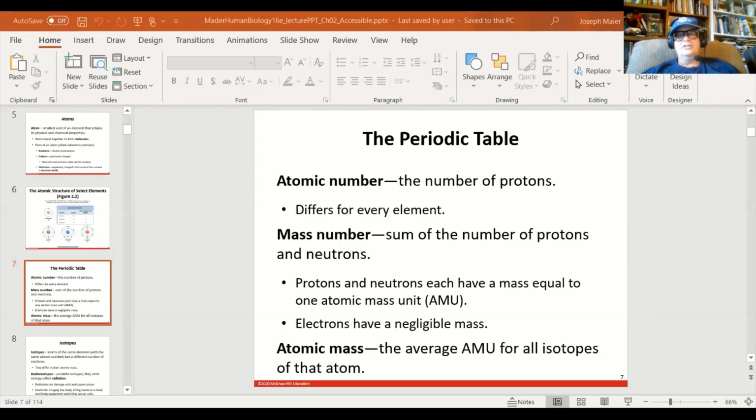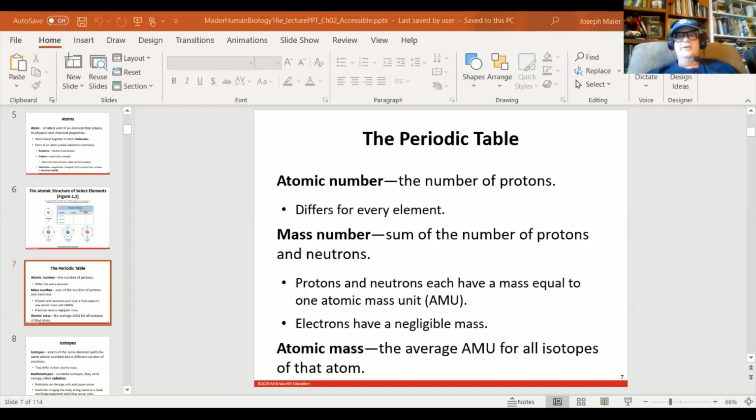The average mass for an iron atom is 55.845. Now that's not a whole number. That's a decimal. The reason why is it's an average. Because you either have a neutron or you don't. It's not a fractional thing.